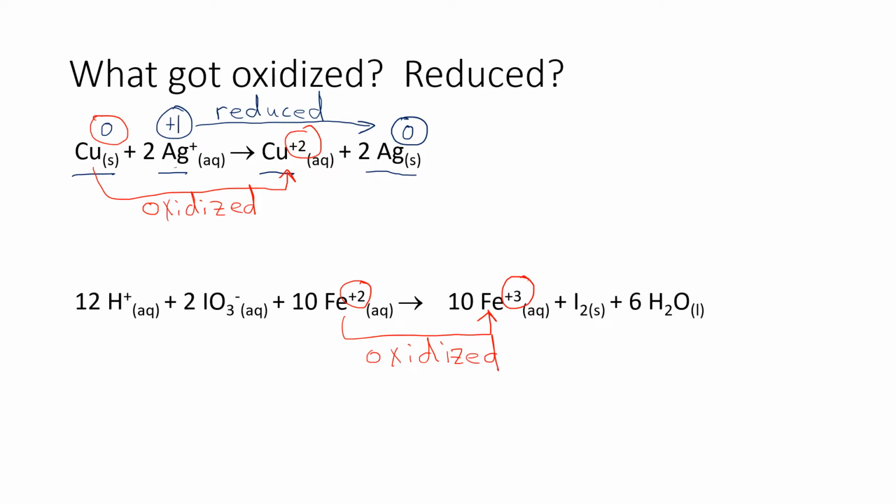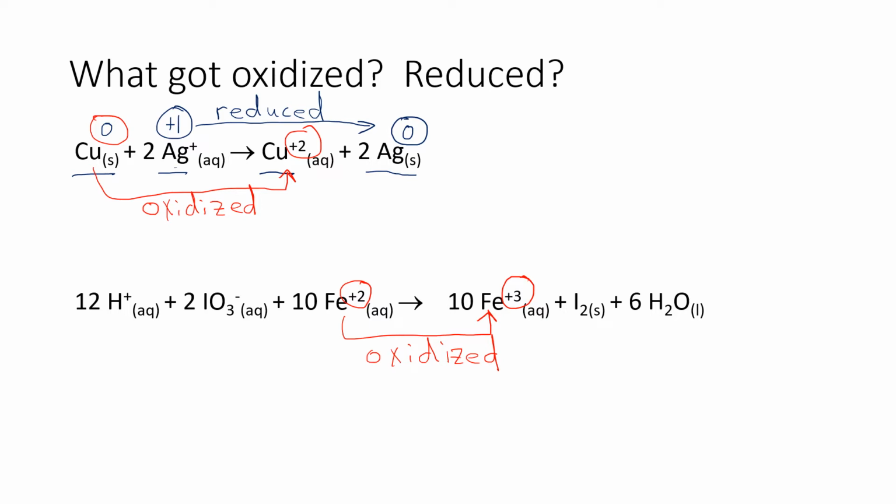They're going to be around in the form of water. And so usually it's not going to be these guys. If hydrogen or oxygen is being oxidized or reduced, you more than likely are going to see their elemental forms on one side or the other. You'll see H2 gas or O2 gas. That's not the case here. So it's probably going to be the iodine.